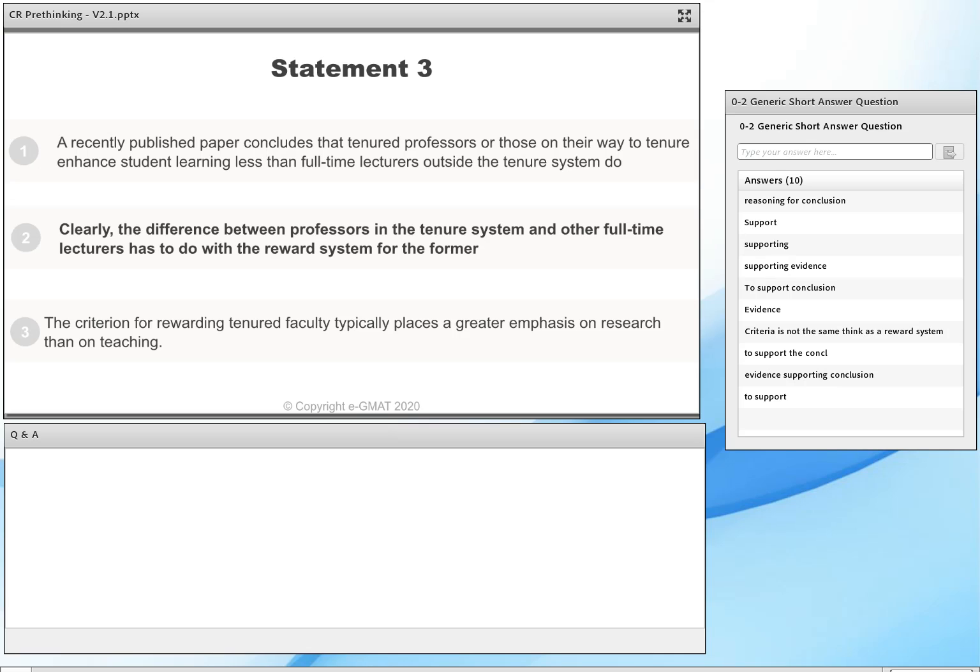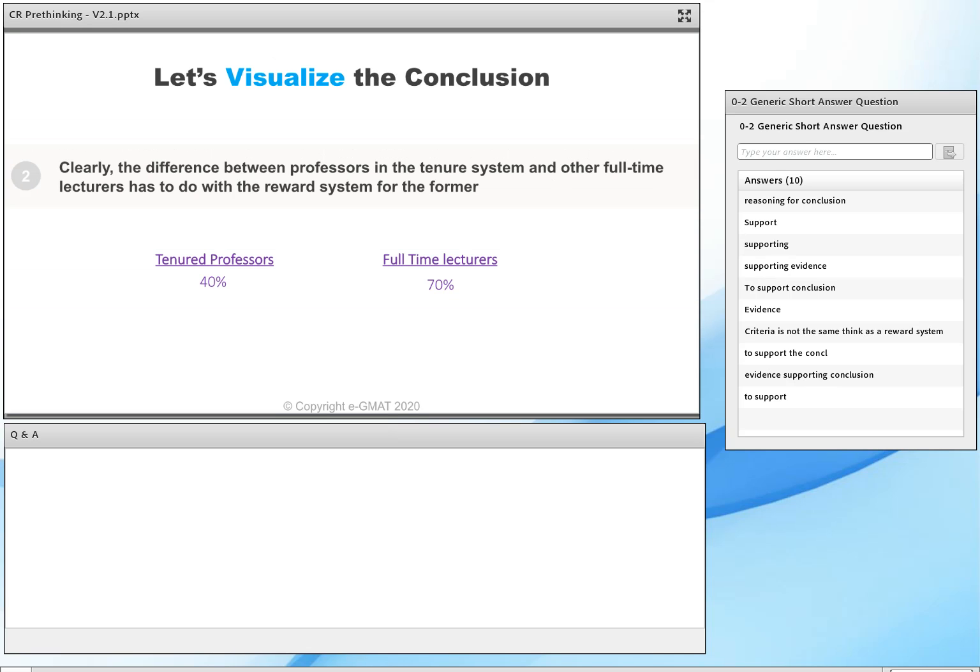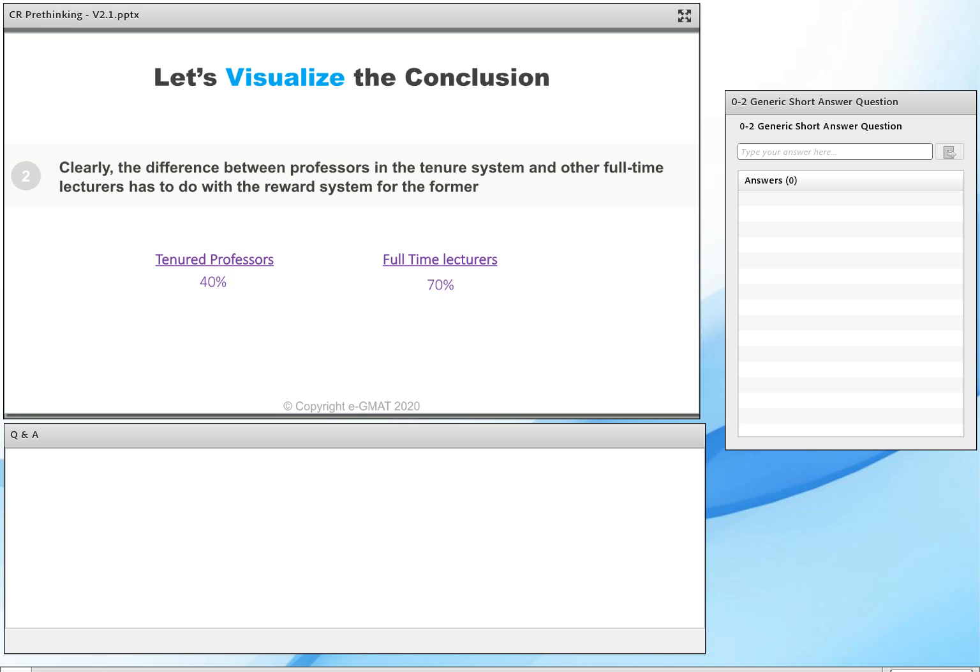Okay. So in general, let's kind of visualize this. I'm going slightly slow because I want to make sure we do the process, we do everything over here. So when the author says clearly the difference between professors in the tenured system and full-time lecturers has to do with the reward system for the former, what the author is saying is maybe, okay, the reward system for tenured professors accounts for 40% of it accounts for teaching, 60% of it accounts for research, whereas for full-time lecturers, 70% of it accounts for teaching.